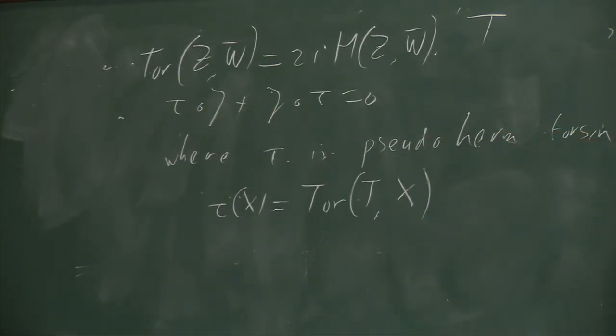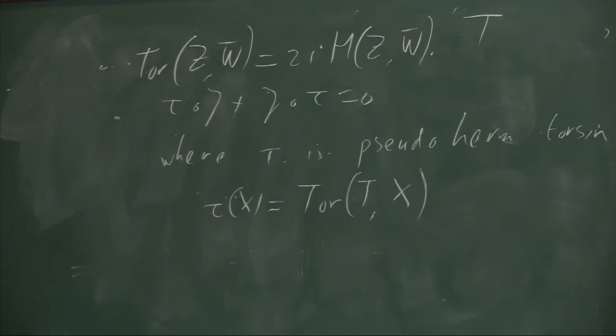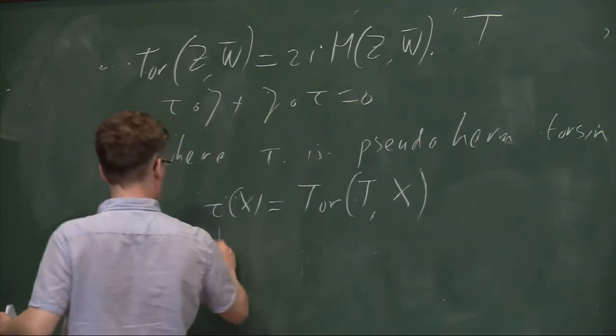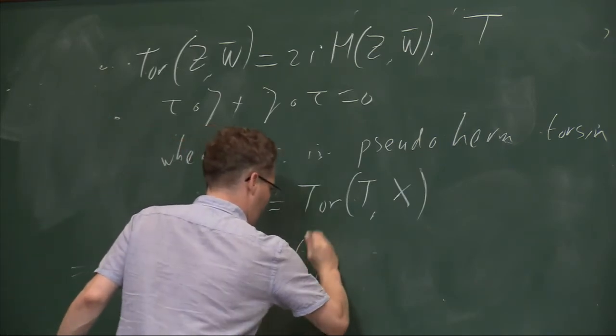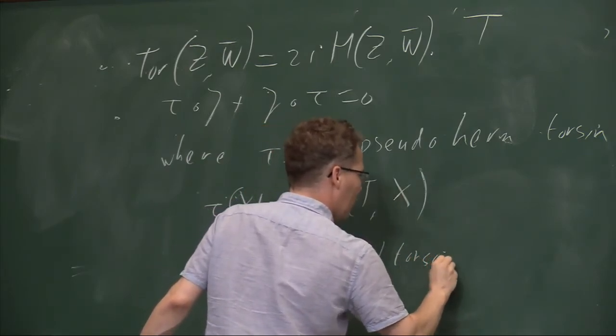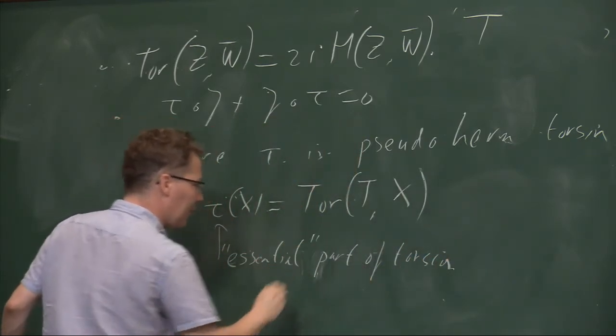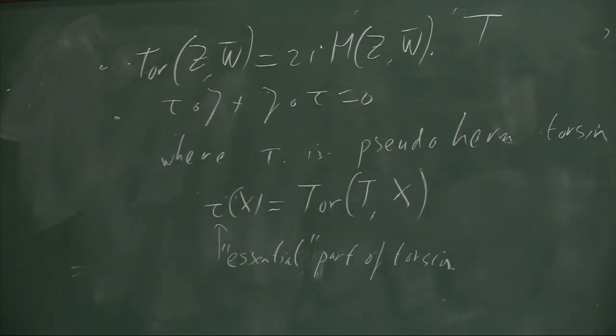You use this because somehow it catches the essential part of the torsion. The rest you somehow already know. What is essential is, of course, kind of an opinion, so I put it between quotation marks. Okay, great.